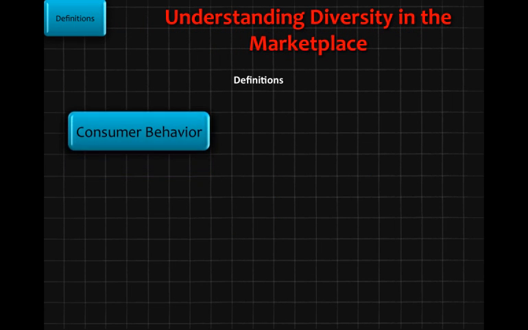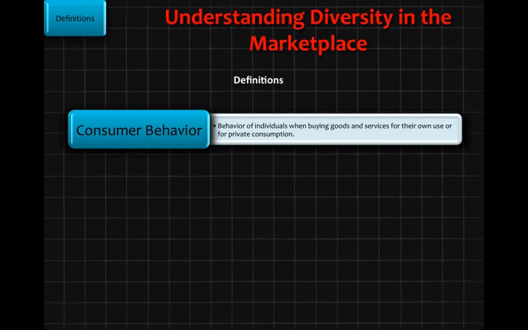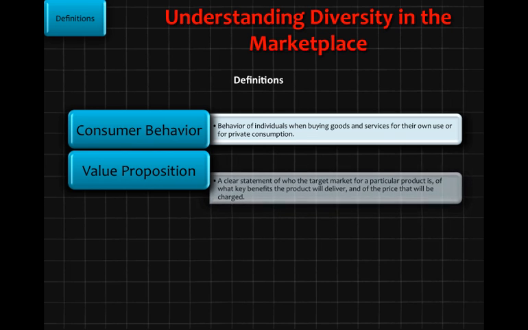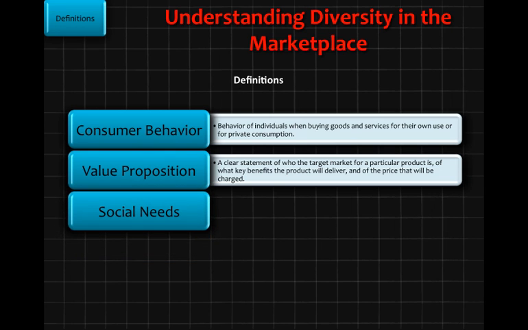So here are some definitions that I think might be beneficial for us. Consumer behavior: the behavior of individuals when they're buying goods and services for their own use or consumption. The value proposition that we talked about earlier: it's a statement of who the target market is for a particular product, the products that are going to benefit them, and what price will be charged as a result of that.